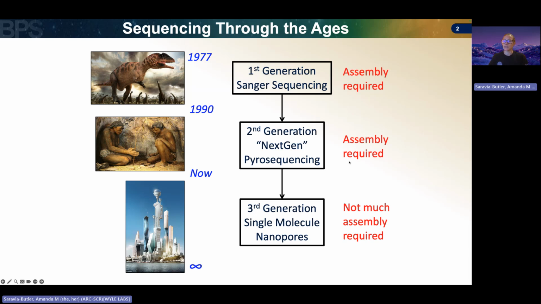For the purposes of this introduction module set, we're just going to be reviewing second generation or next-gen sequencing, because the data that you will be analyzing and working with in the omics specific module sets will have come from next generation or pyrosequencing.